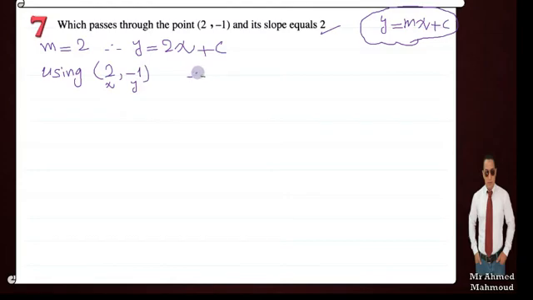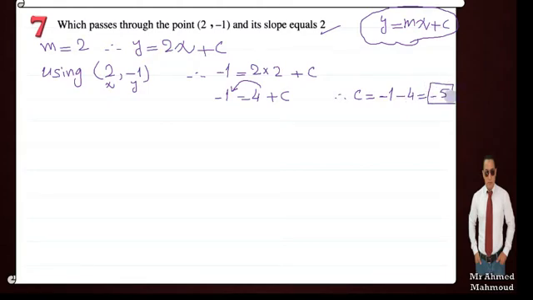Therefore, negative 1 equals 2 times 2 plus c. So negative 1 equals 4 plus c. Send 4 there to be negative 4. Therefore, c equals negative 1 minus 4 equals negative 5.